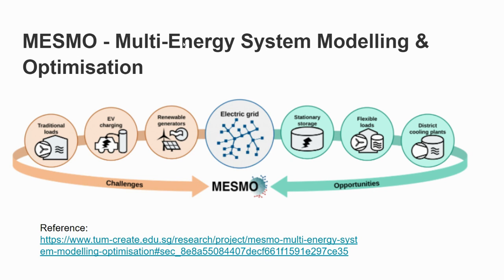Now the MESMO. MESMO is the multi-energy system modeling and optimization. Multi-energy basically means that you are dealing with multiple energies at the same time. Suppose we are only dealing with electricity, or electrical energy, in the VPP.